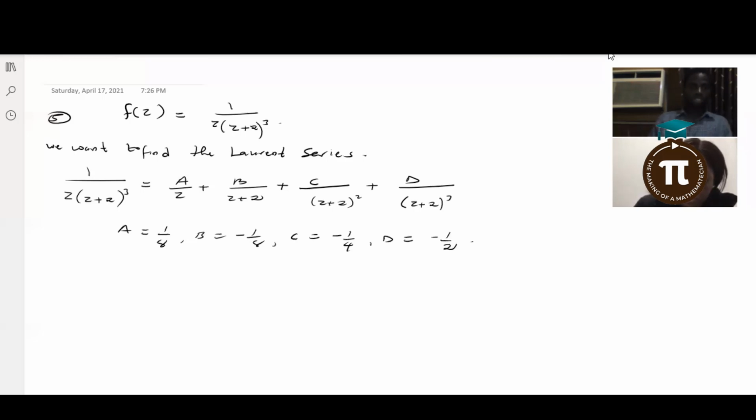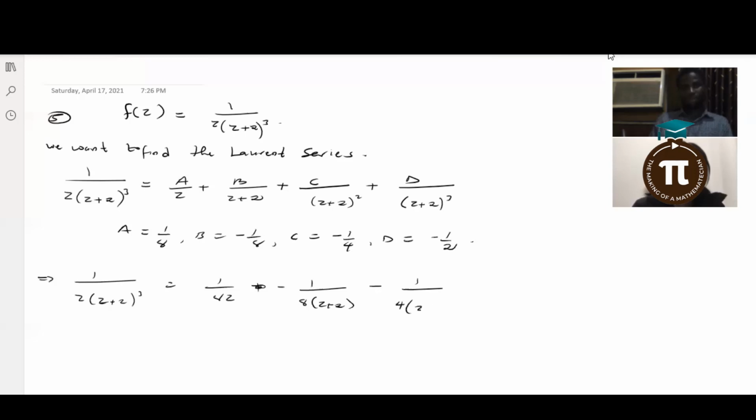So we have 1 over z times (z plus 2) raised to power of 3 equal to 1 over 8z minus 1 over 8(z plus 2) minus 1 over 4(z plus 2) all squared minus 1 over 2(z plus 2) raised to power of 3. Of course, this is f of z, right?